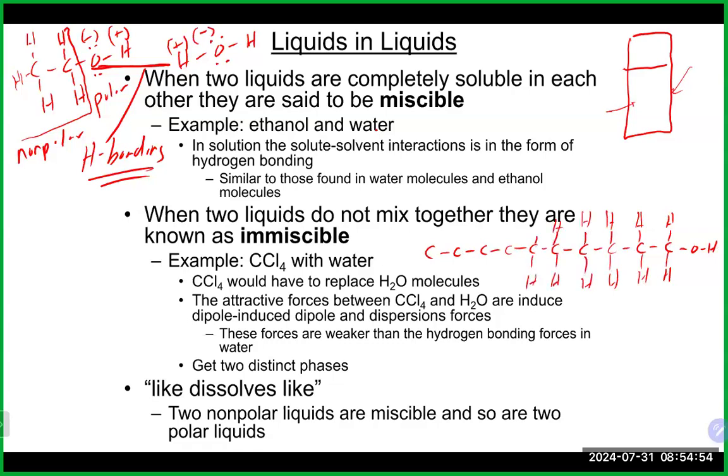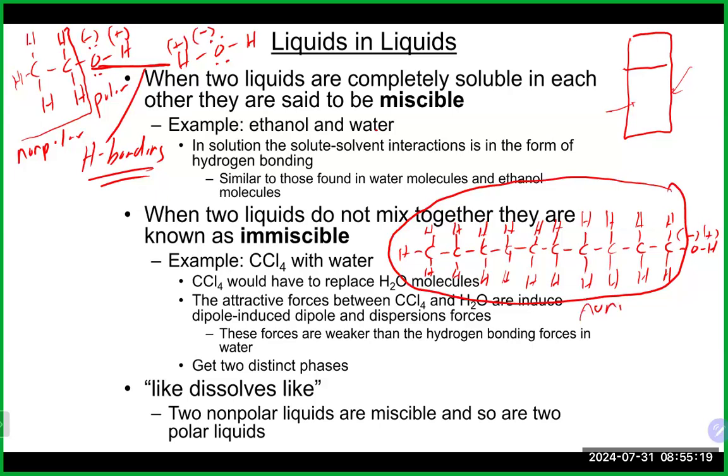Hydrogens on all of them. There we go. Now we still have a very similar structure to ethanol. It still has this polar part over here, but the difference is the nonpolar part is quite big, really, really big.